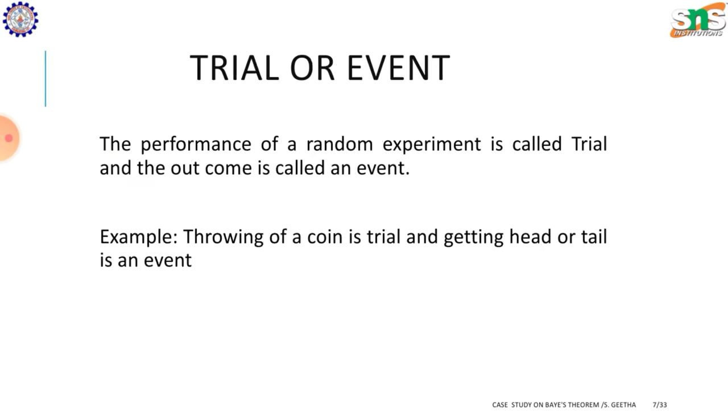Next, trial or event. The performance of a random experiment is called a trial and the outcome is called an event. Example, throwing of a coin is a trial and getting head or tail is an event.